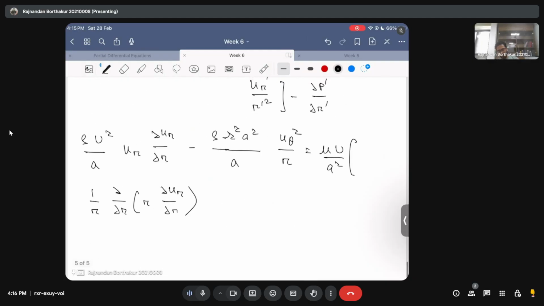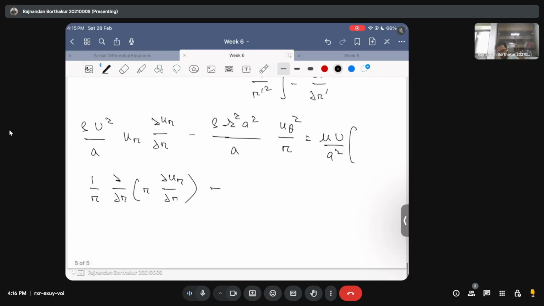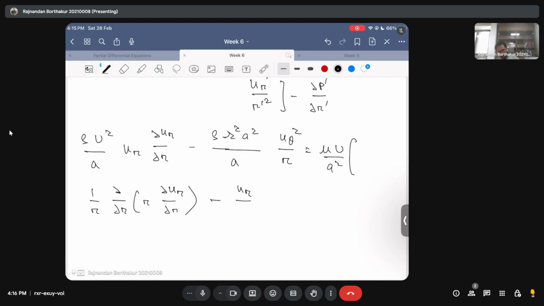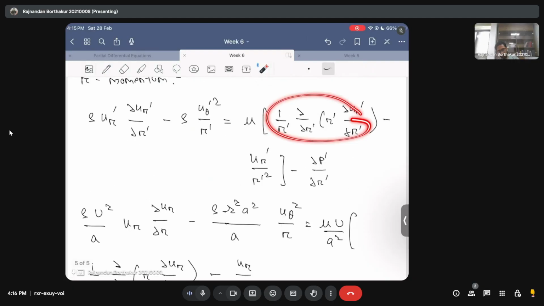So it's just some practice that you need to do in order to convert a dimensional equation into a non-dimensional equation. Minus ur. Whatever comes from here will have to come from here, because these two terms should have the same magnitude. That's what you need to realize here.